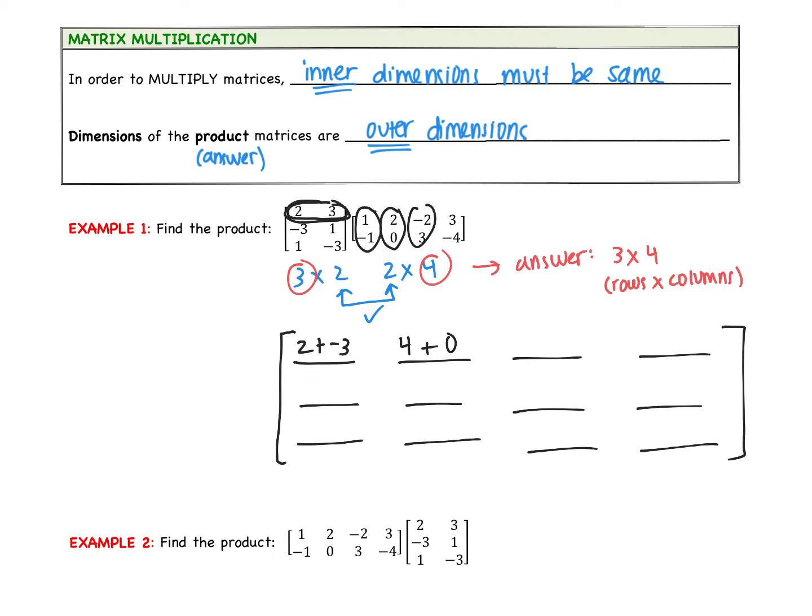So 2 times -2 gives me -4. Second element times second element, so 3 times 3 gives me 9, and I add them together. Okay, and then that same row, last column. 2 times 3 gives me 6. 3 times -4 gives me -12, and I would add them together.